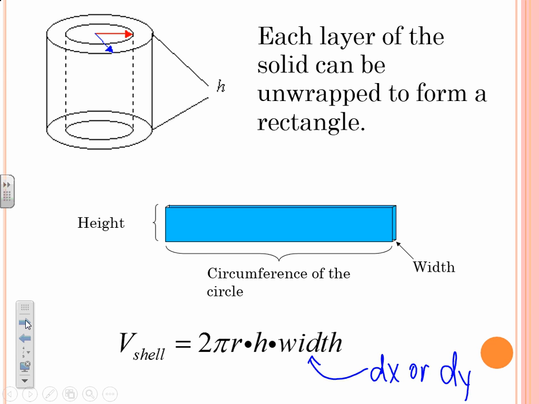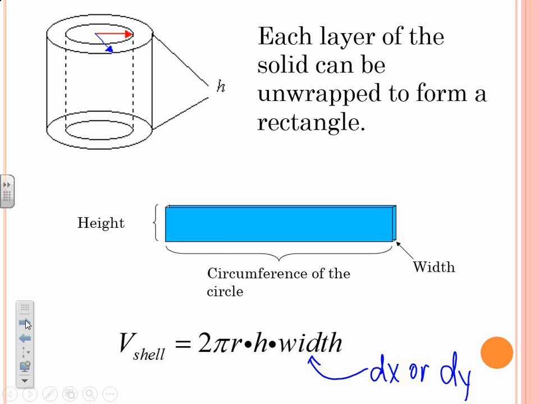The height is going to be the height of our rectangle. The radius is going to have to be how far those rectangles are from our axis of rotation. Yes, you're on the right track.